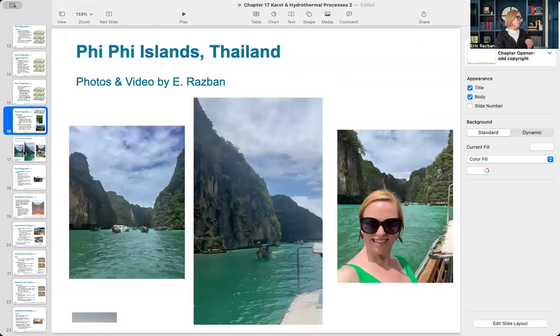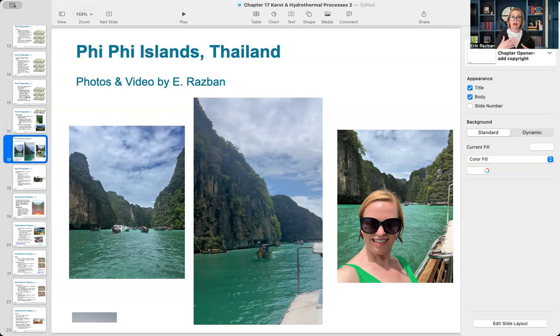So I recently visited some karst formations in the Phi Phi Islands of Thailand, and these in particular have finger-like channels that smaller boats can venture in from the ocean. Okay, so we were on a one-day boat tour of the Phi Phi Islands, and we went from island to island, and each of the islands has different features.